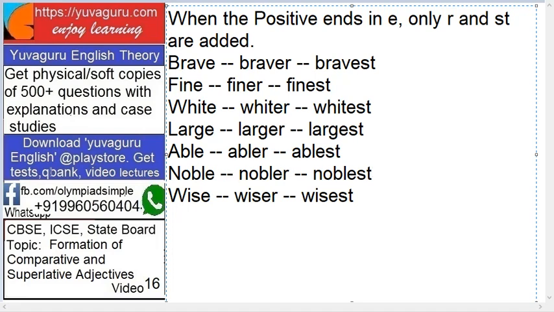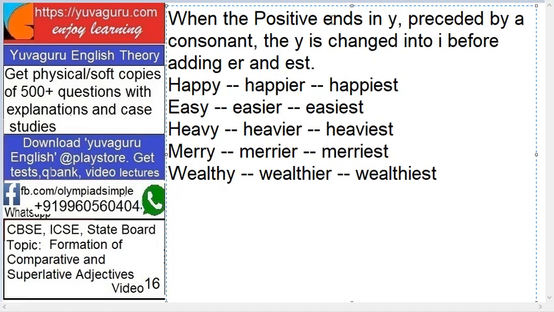Wise, wiser, wisest. When the positive ends in Y, see this, ends in Y means happy, easy, ends in Y, preceded by a consonant. This is also important. It should not only end with Y, preceded by a consonant means before that there should be a consonant. So P, S, V, R, H, all these are consonants, right?